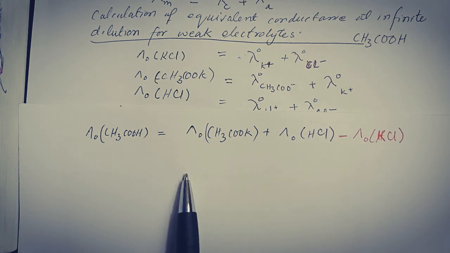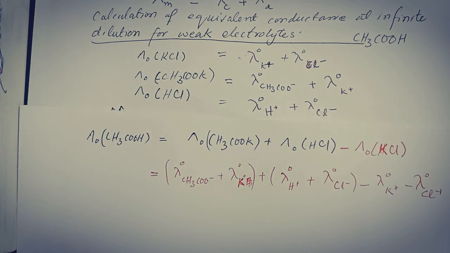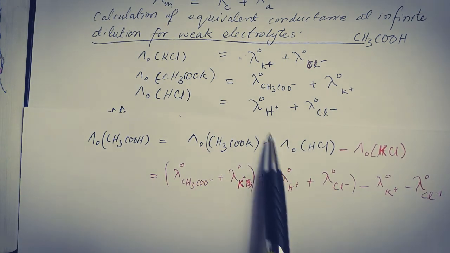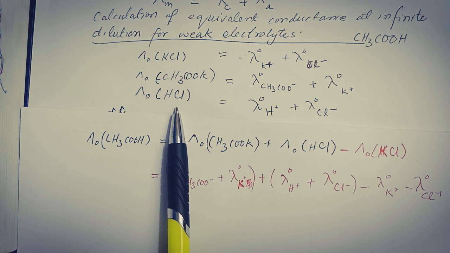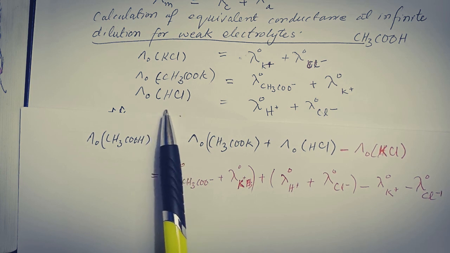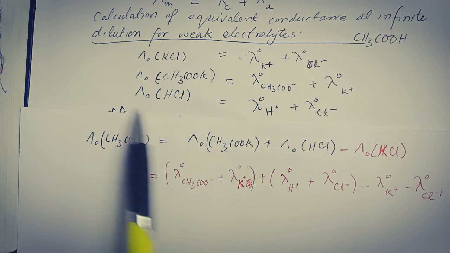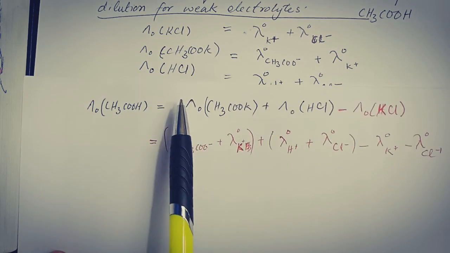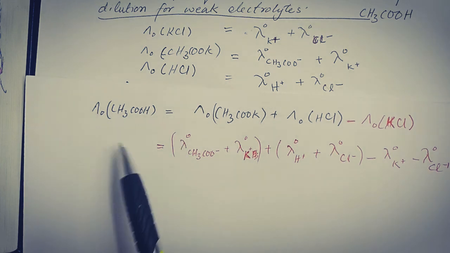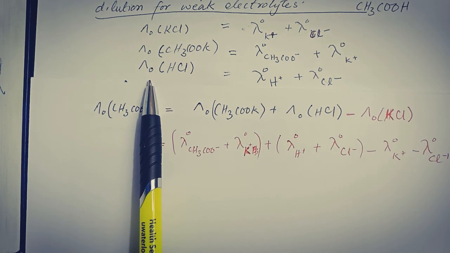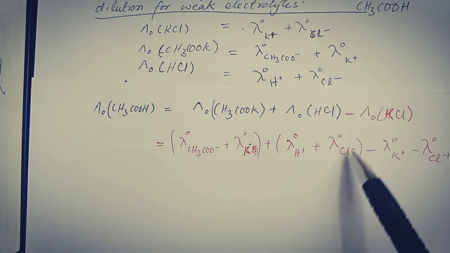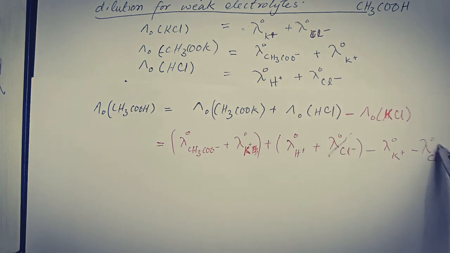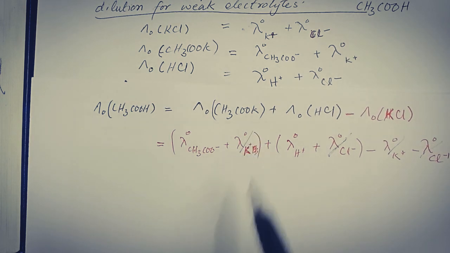So by putting the values of the ionic conductances of each ionic species that have been generated from the respective strong electrolyte species, these are the molar or equivalent conductances at infinite dilution. Here we can see that the contribution of chloride and potassium can be cancelled out.